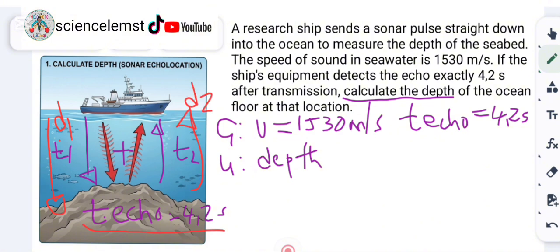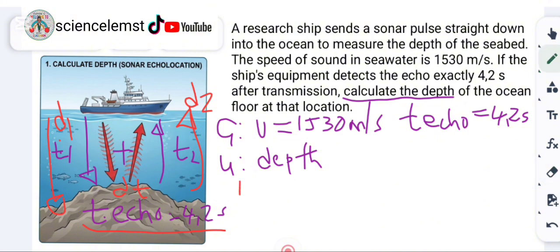So this echo that I'm getting here, it's for the total distance that the sound traveled. So if I use that information exactly as it is, what am I actually calculating now? I'm calculating the total distance that the sound traveled.